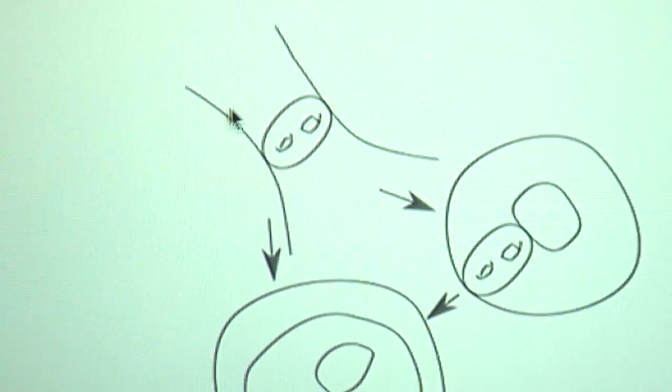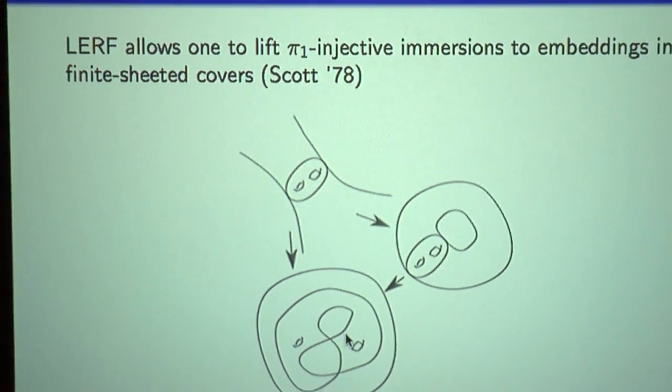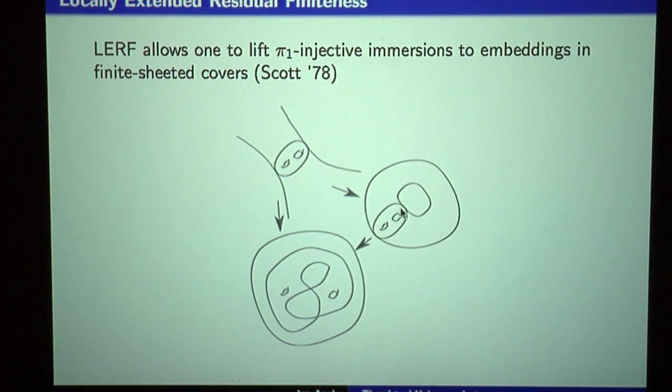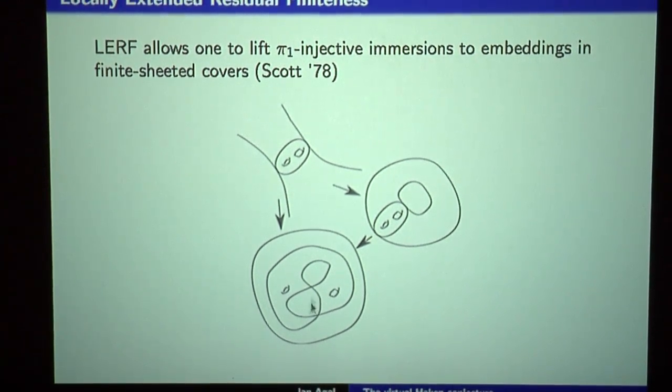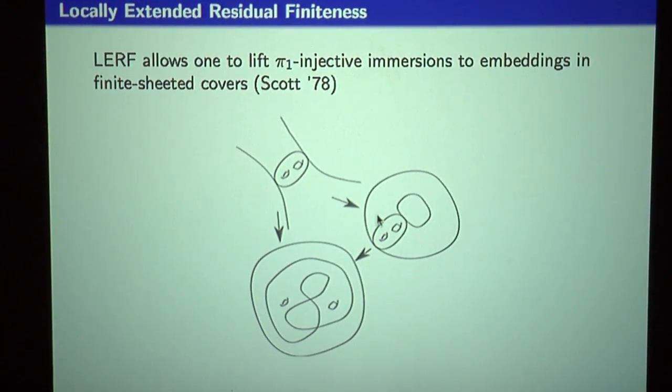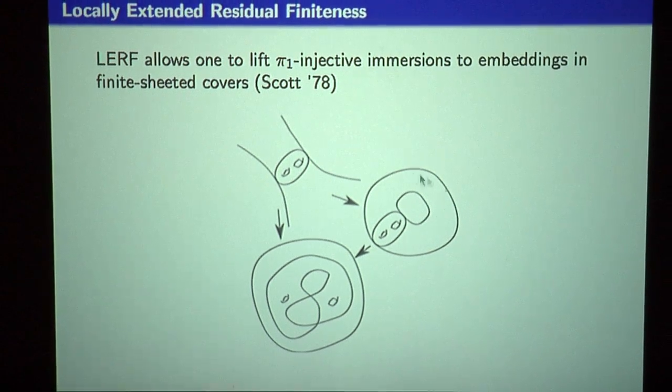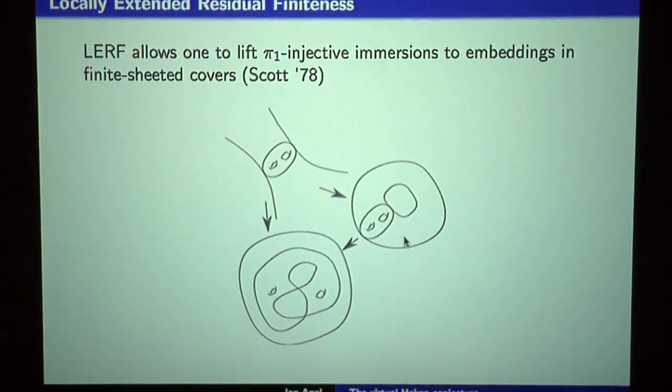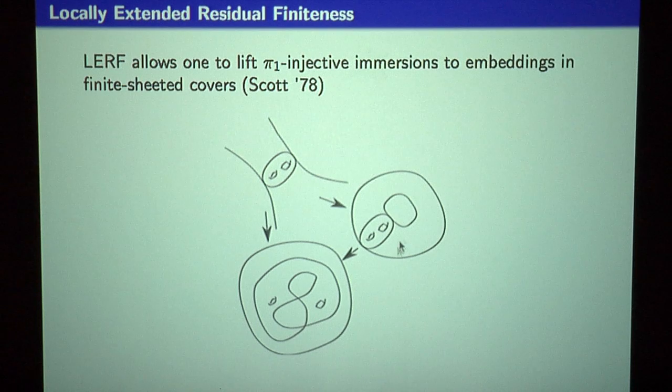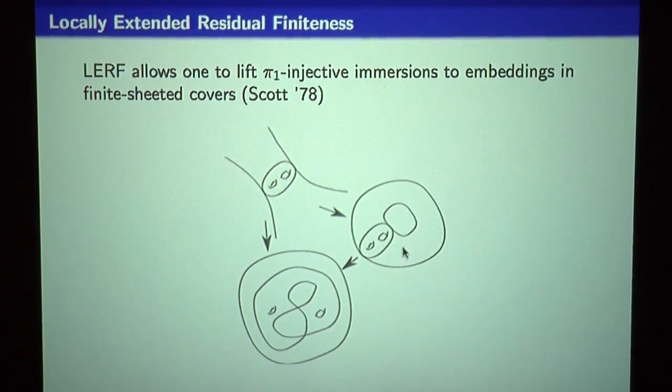And if this subgroup is separable, then that implies that there's a finite sheeted covering space in which the surface embeds. And so this finite sheeted covering space resolves the double intersections here. There'll be other copies of the surface in the preimage of the surface up here, but we've separated this surface from the other components that will be upstairs.